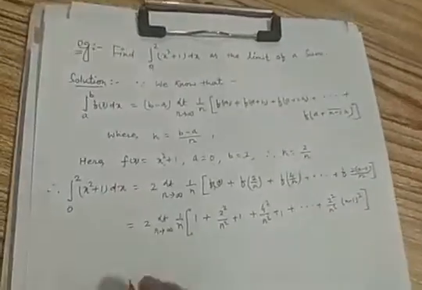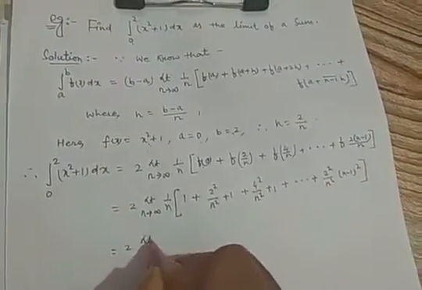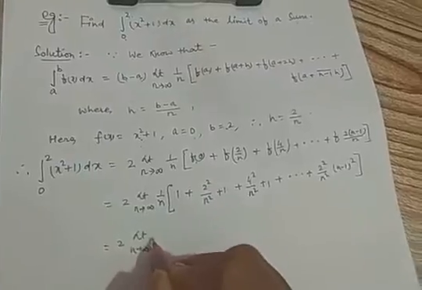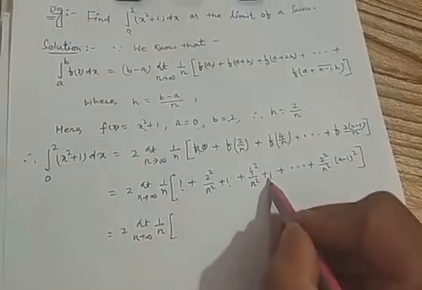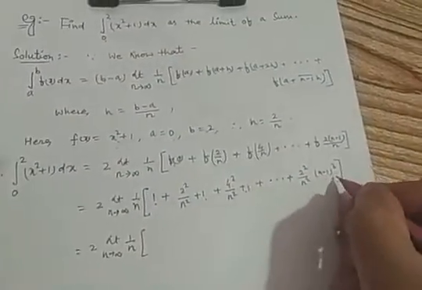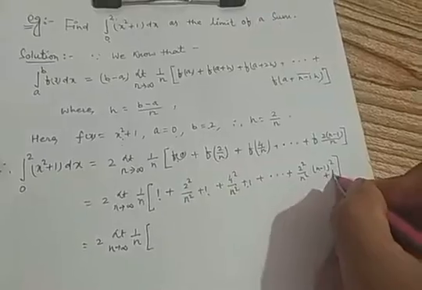Okay, now 2 into limit n tends to infinity 1 upon n into 1 plus 1 plus 1, and so on.